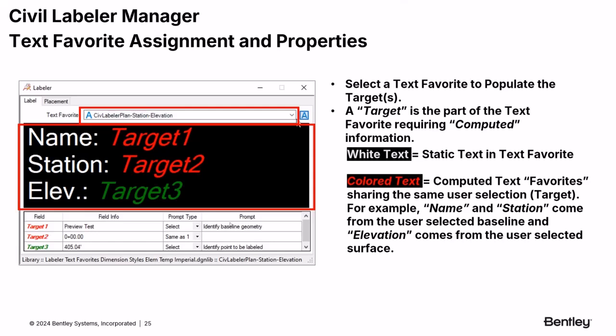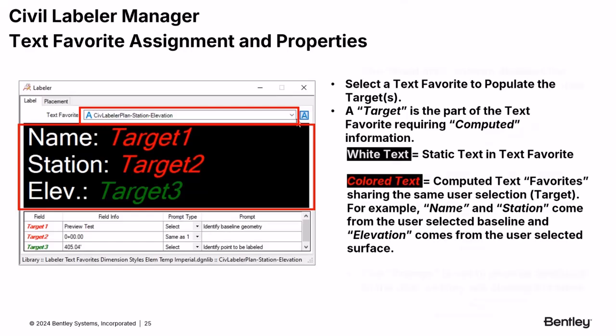Within the Civil Labeler itself, I can't edit the text here because it's coming from the predefined text favorite. So if I need to make those changes, we'll go to the text favorite manager. But between the white text and colored text, the colored text is really related to the text favorite fields that are configured. In this case, the name and station are off of one element.